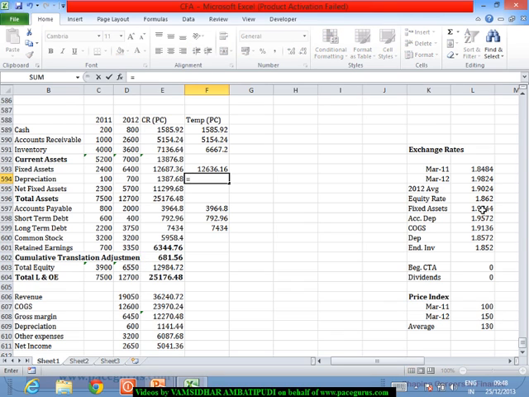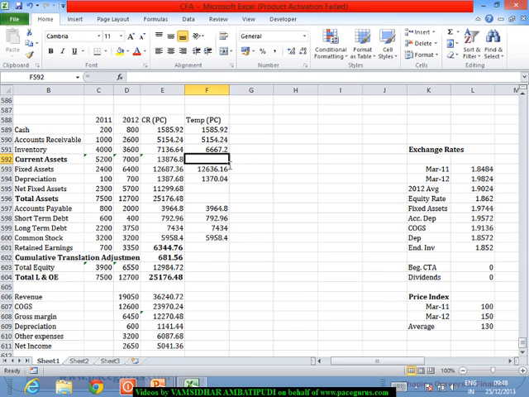And for accumulated depreciation also, I am taking the rate based on that particular number. Similarly for common stock also, I am taking the equity exchange rate.